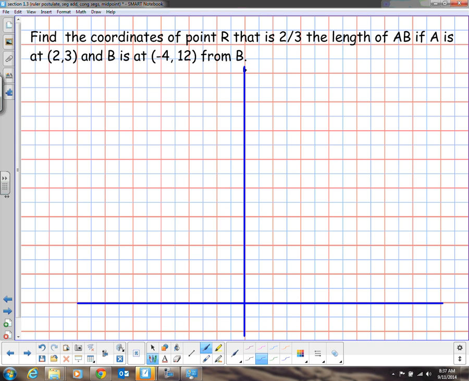While you get out graph paper, I'm going to plot (2, 3) and label it A. And I'm going to find B, which is -4, 2, 4, 6, 8, 10, 12. So make sure your y-axis goes really high because I went really high. This is B, and that's (-4, 12).